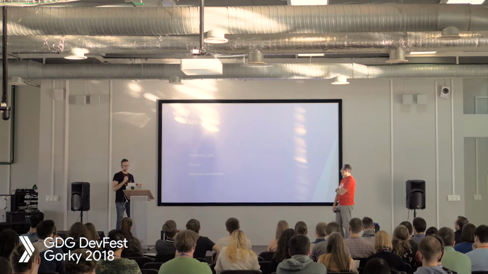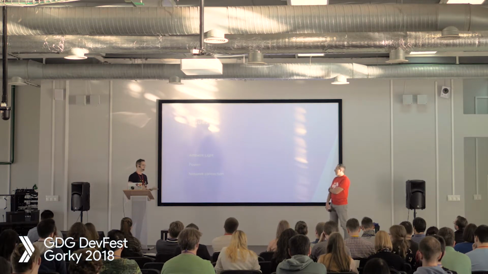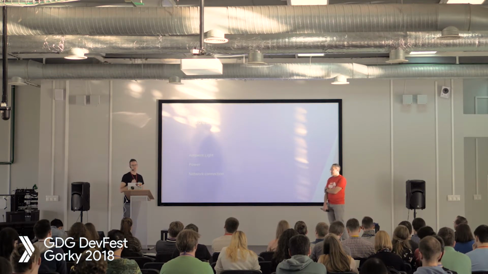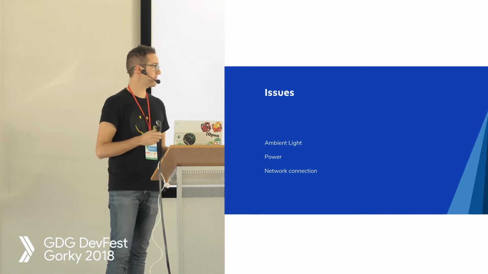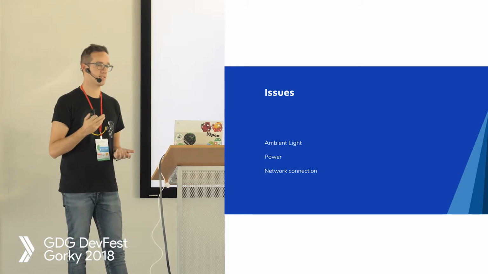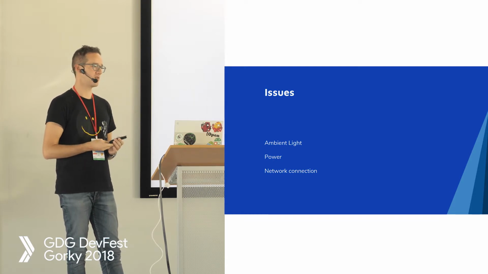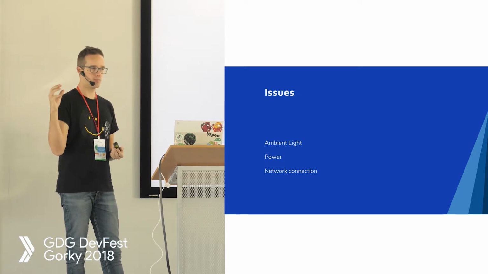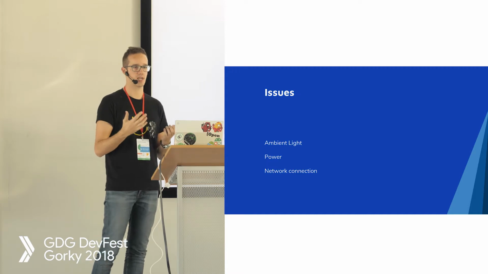During the creation of this project, we found some issues while on the field. The first one being that ambient light was really not something we could control, because after a certain time in the evening, the light was too dark, and unfortunately we could not take good pictures, and we could not even turn on another light because the device was outside in a garden.